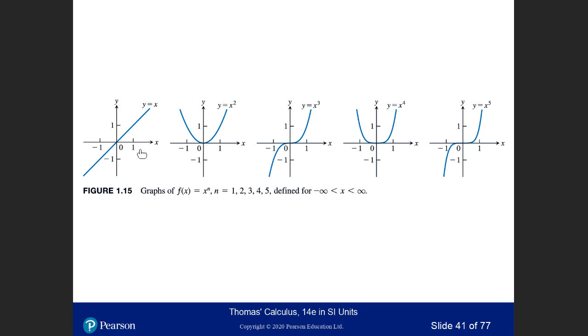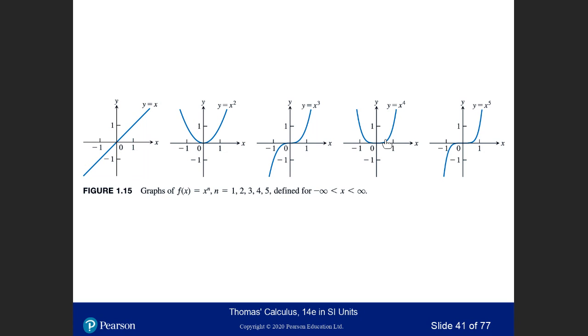Okay, y is equal to x is a line that passes through the origin, because when x is equal to 0, y is equal to 0. y is equal to x squared, that's a parabola, we know that's how it's shaped. y is equal to x cubed is shaped like this, because when x is negative, y is negative too. y is equal to x to the 4 is similar to a parabola, but it's not a parabola.